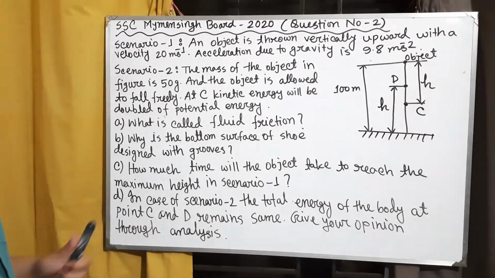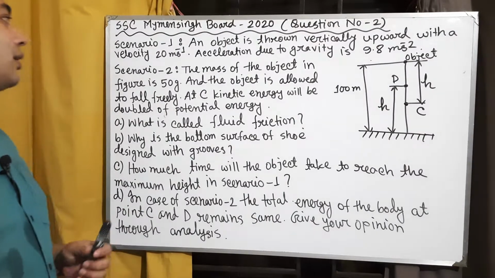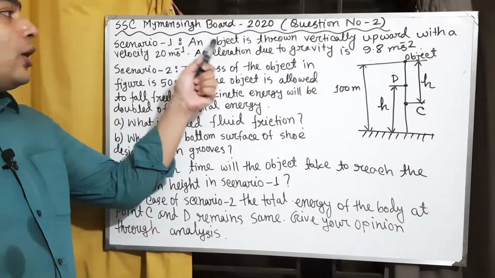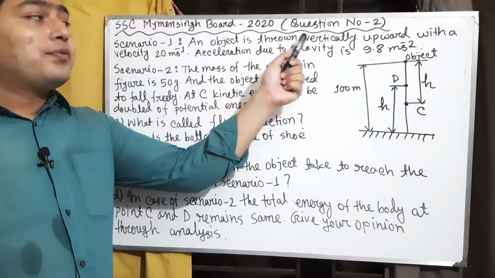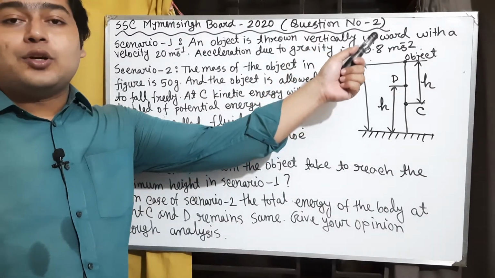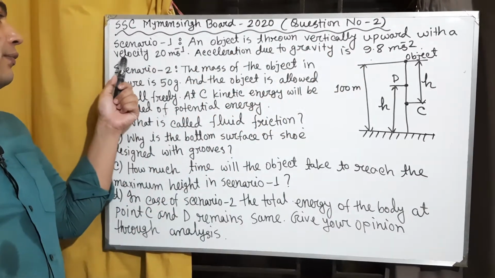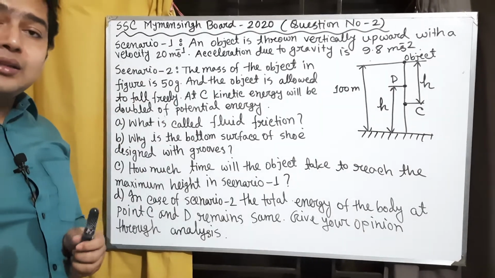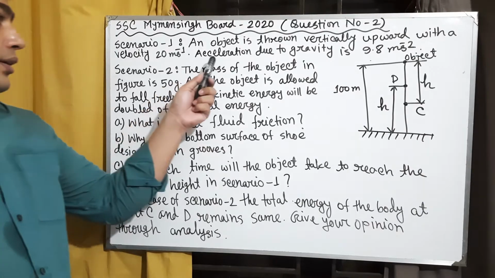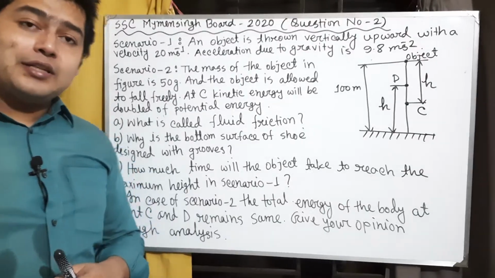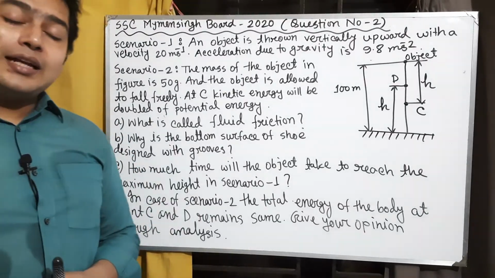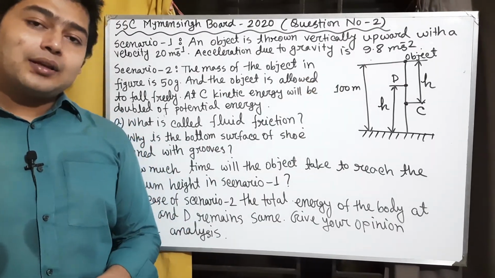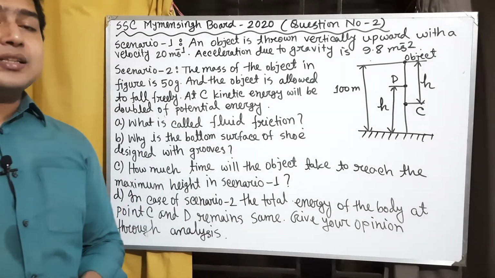In scenario 1, an object is thrown vertically upward with a velocity of 20 meter per second. The acceleration due to gravity of that place is 9.8 meter per second square.